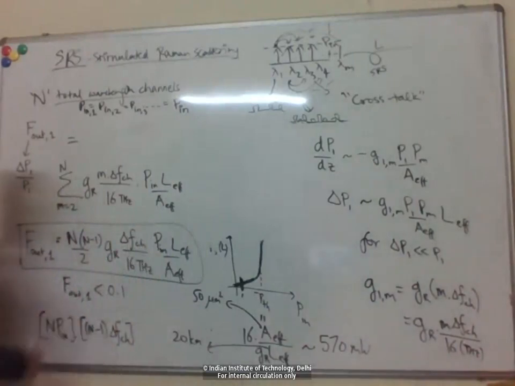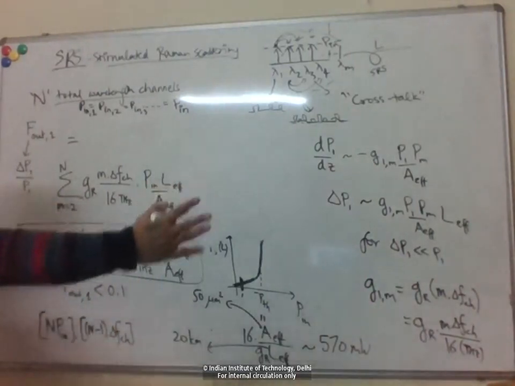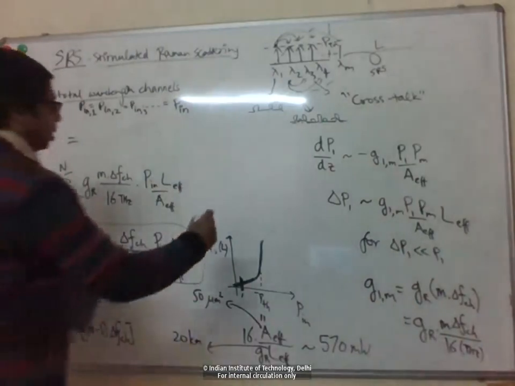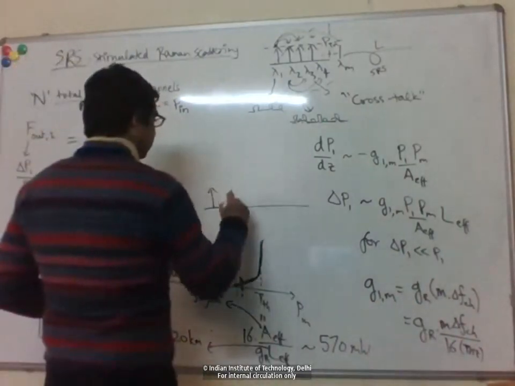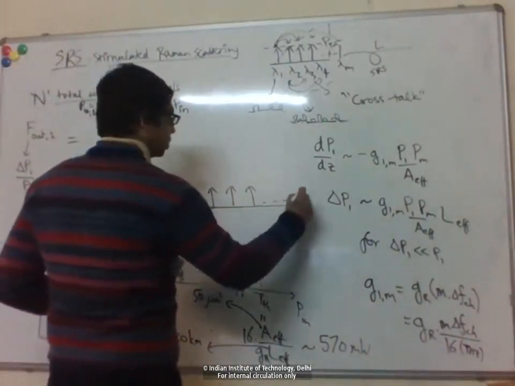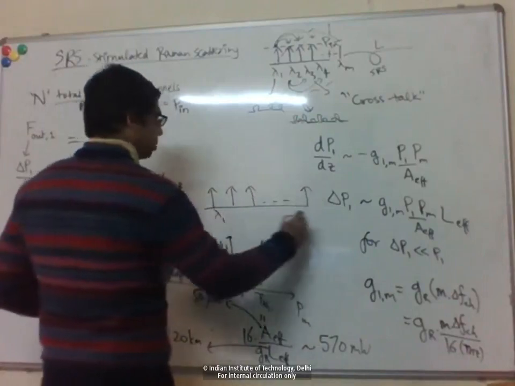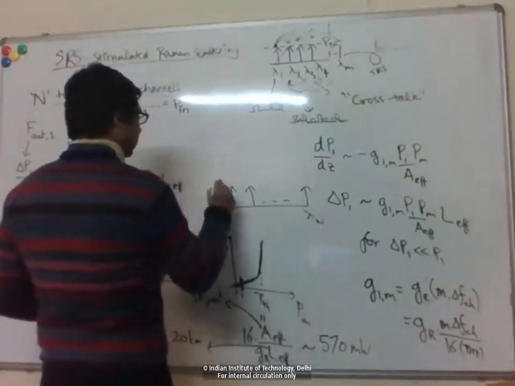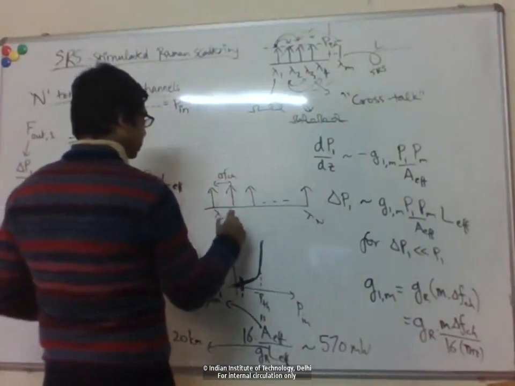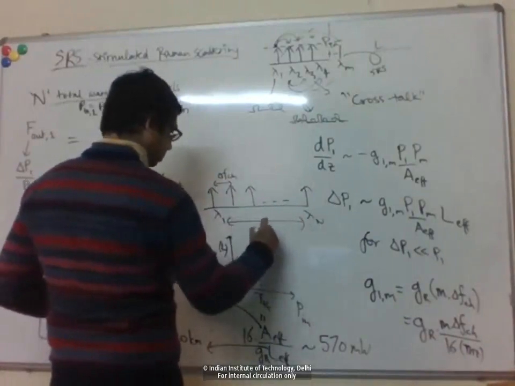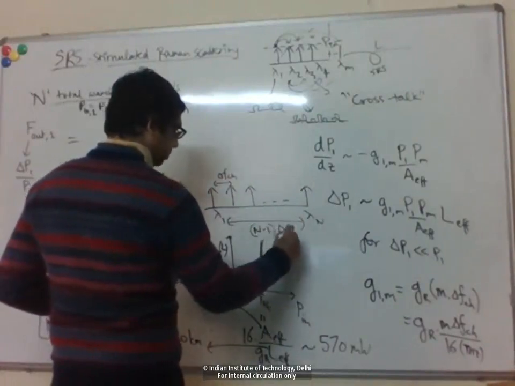So n minus 1 delta f channel is basically the total bandwidth occupied, right? So from lambda 1 to lambda n, this is delta f channel, then this whole bandwidth here is n minus 1 delta f channel, right?